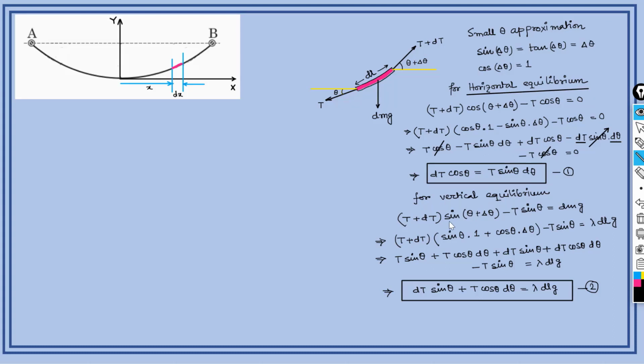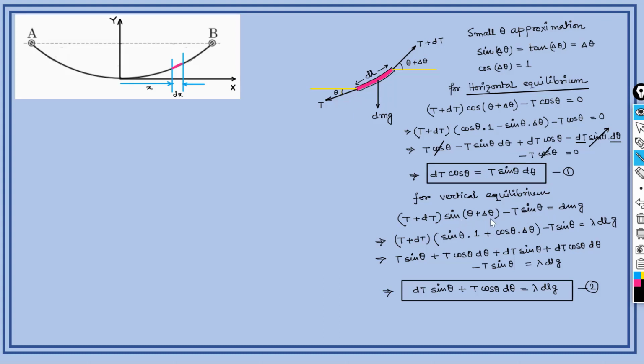Now let us have a look at the vertical equilibrium of this rope. This vertical equilibrium says that the vertical force is T plus dT sine of theta plus d theta, and the other vertical force is T sine theta. So this minus T sine theta is equal to dm into g.